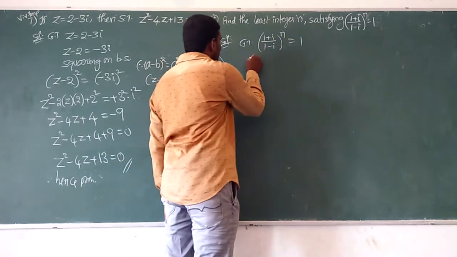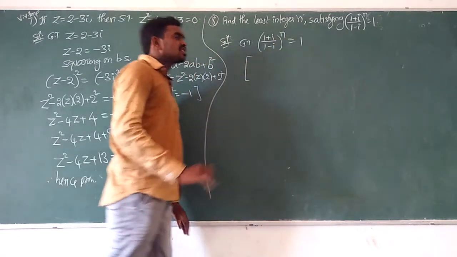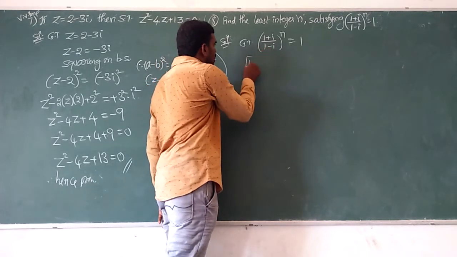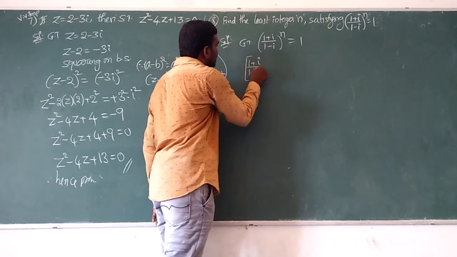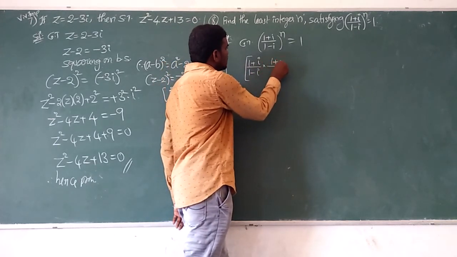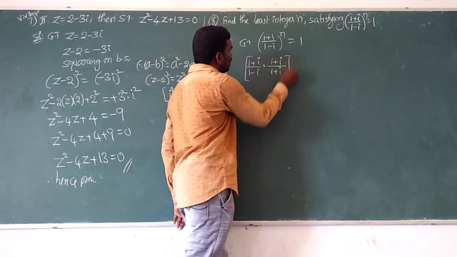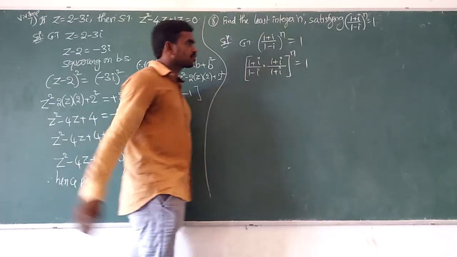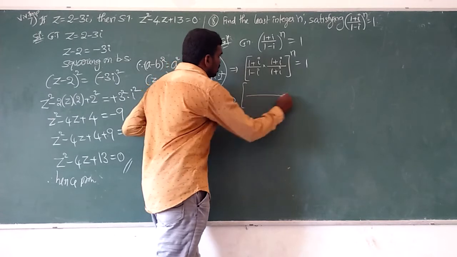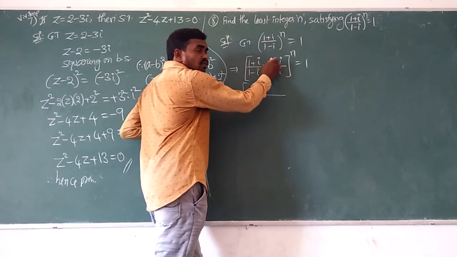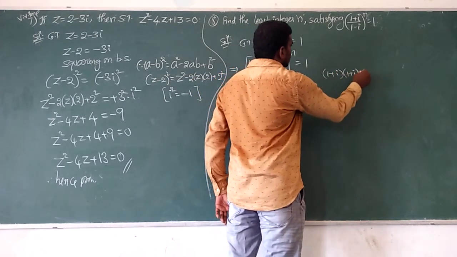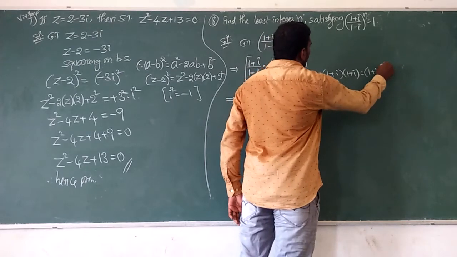Keep the power as it is. The denominator consists of a complex number, so rationalize immediately. Multiply by 1 plus i by 1 plus i. In the numerator, 1 plus i into 1 plus i is 1 plus i whole square.